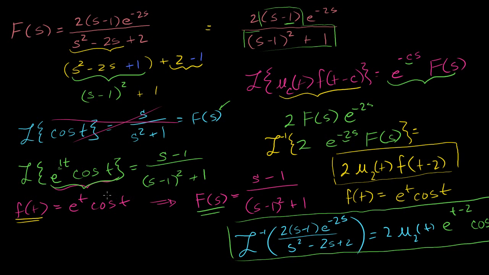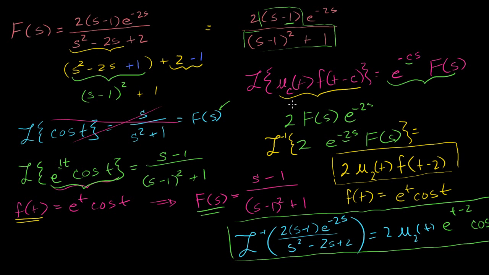But that's why I was very careful. I redefined f of t to be this, f of s to be this, and said, gee, if f of s is this, and if I'm multiplying it times e to the minus 2s, then what I'm essentially doing is fitting this pattern right here. And so the answer to my problem is going to be the unit step function. I just throw the 2 out there.